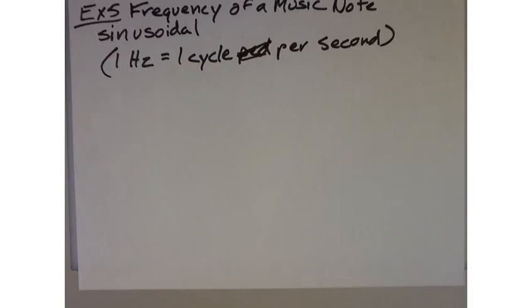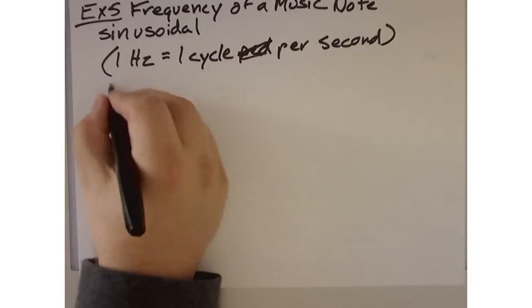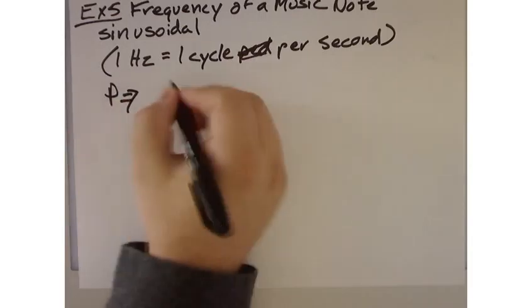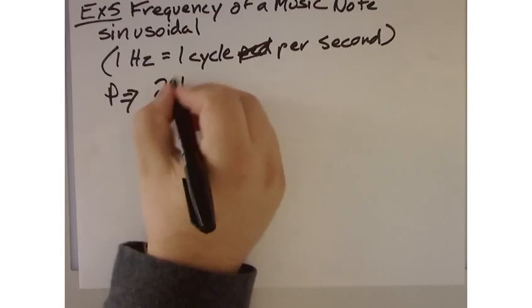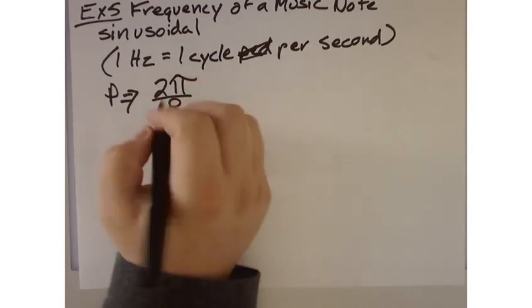Okay, and so what this is saying is, it says find the sinusoidal regression equation, generally a sine curve for the data, superimposed on the graph on a scatter plot. And then the second part says the frequency of a musical note or wave is measured in cycles per second, or hertz, and the frequency is the reciprocal of the period. So if the period is equal to 2 pi over b, this is not in your textbook, but I want you to think about it.